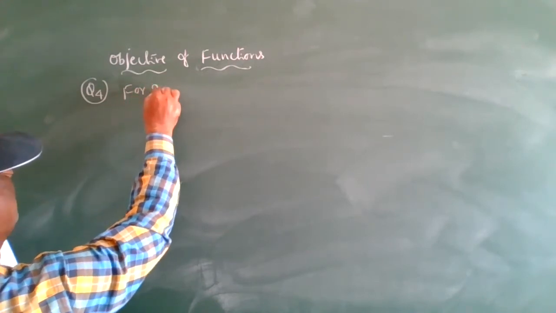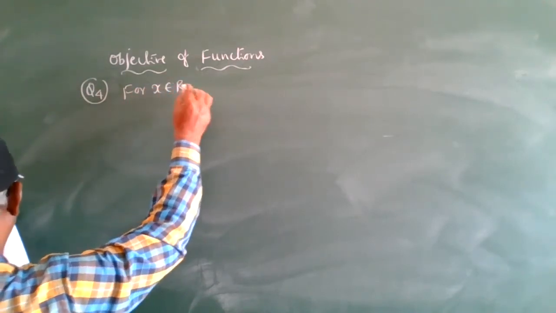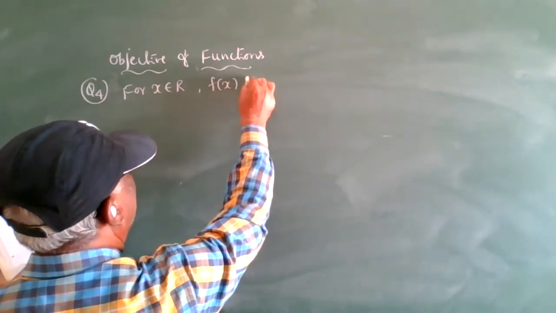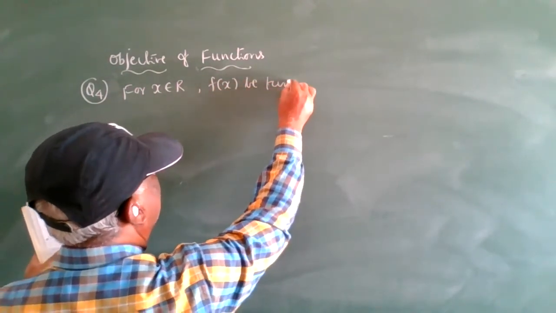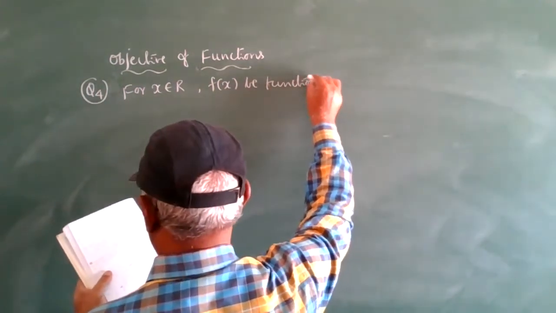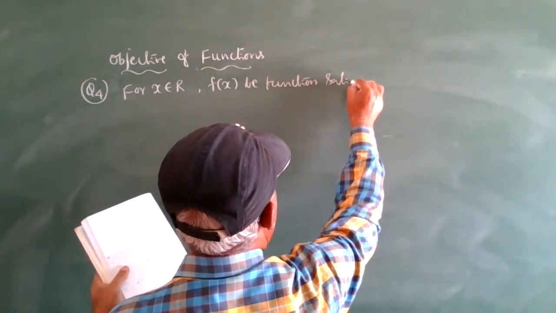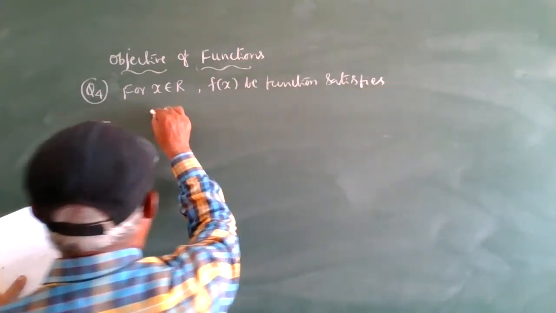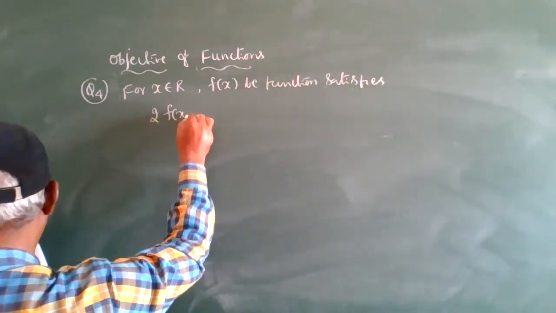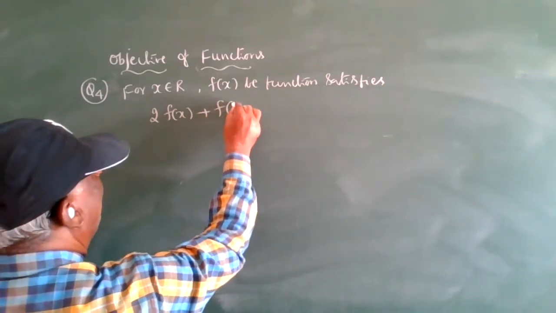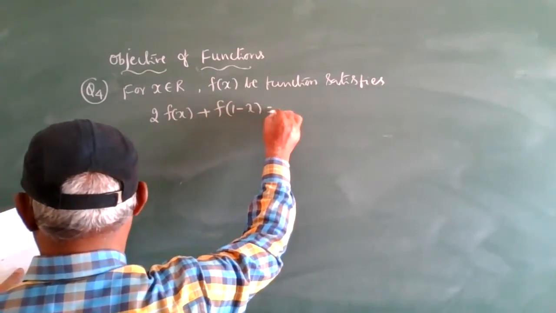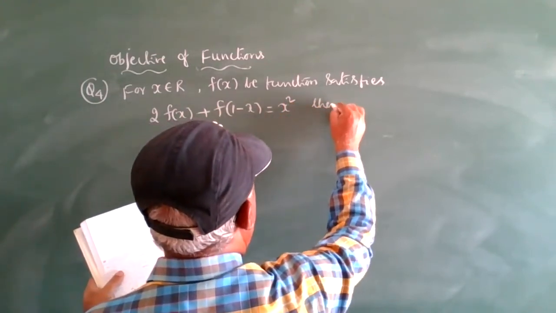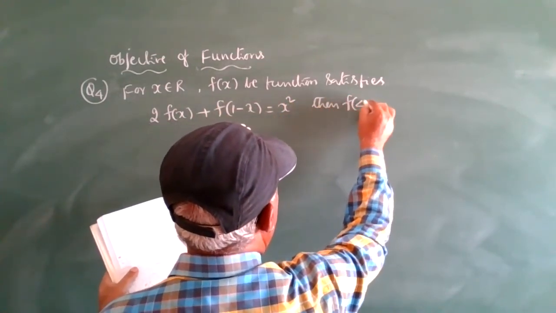For x belongs to R, let f of x be the function that satisfies 2 into f of x plus f of 1 minus x is equal to x square. Then f of 4 value is.